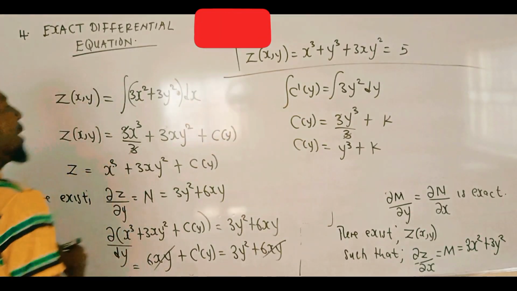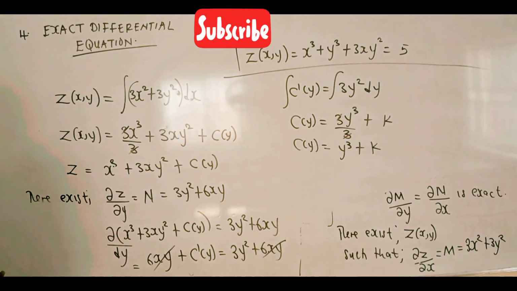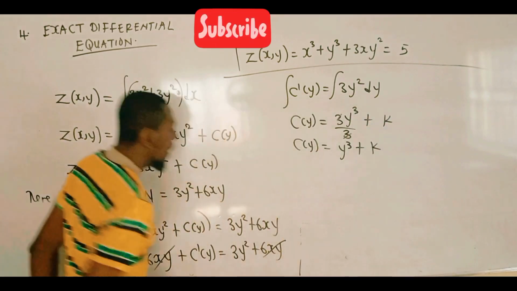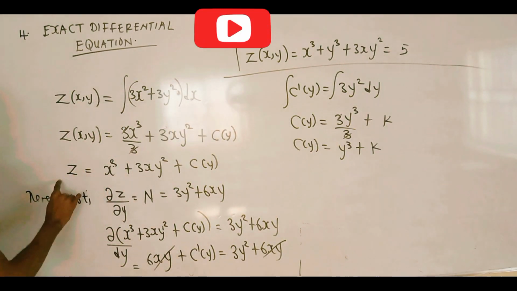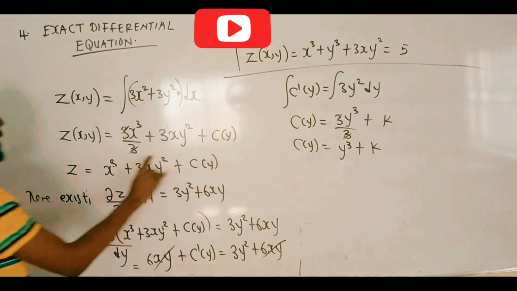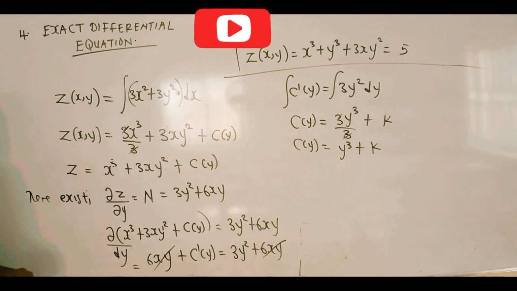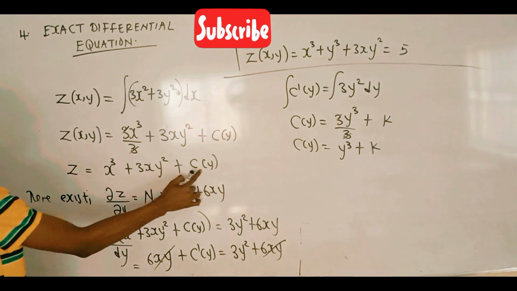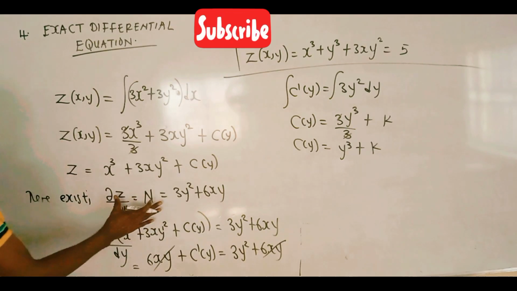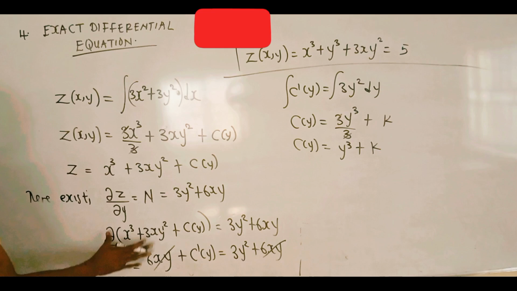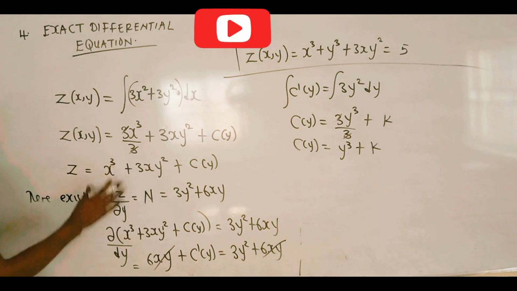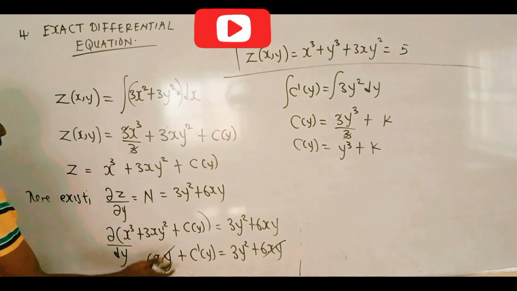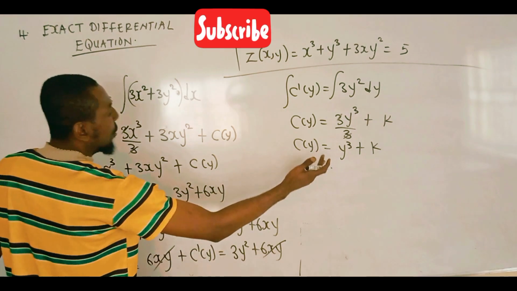Since already we know what c of y is now, remember, I told you that this is our function z of x, y. This is our main function, but we don't know what c of y is, and by differentiating this particular function with respect to y, we are able to get our c of y to be y cubed plus k.